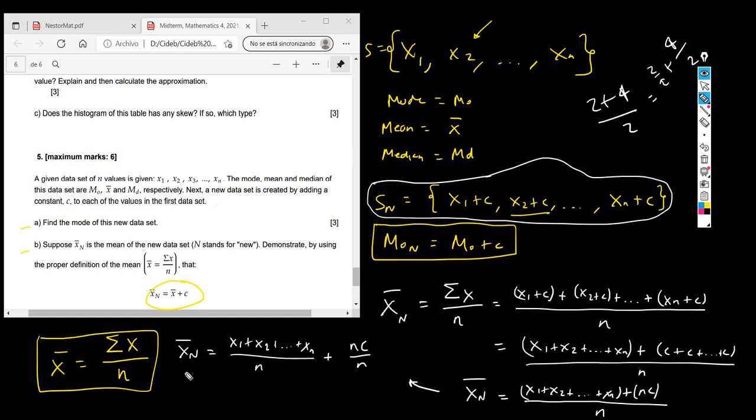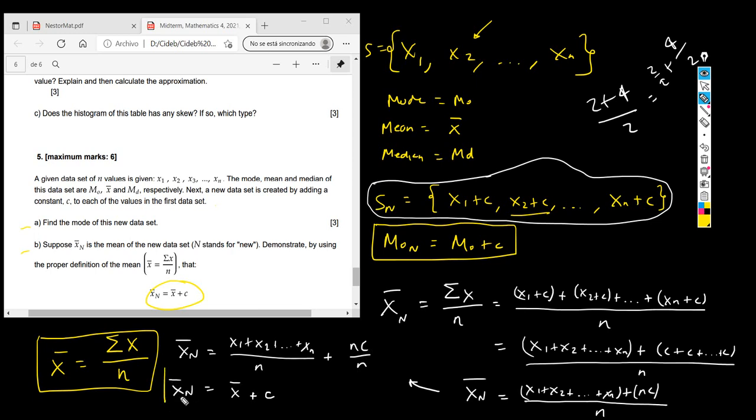And then we're basically done, because now you can see that the sum of all these values over n is actually the mean of the previous data set, because it's the sum of all the values over the number of values. So by definition, that's the mean of the previous data set. And this expression resolves into c after you cancel n and n.